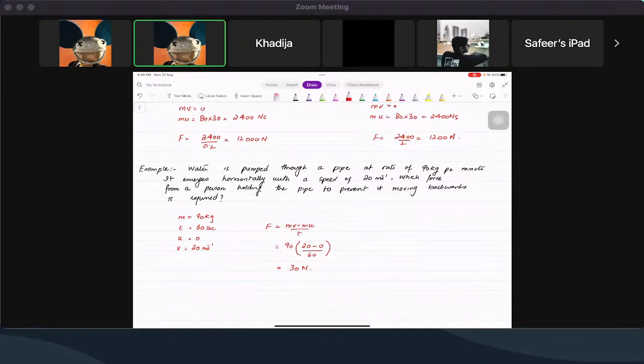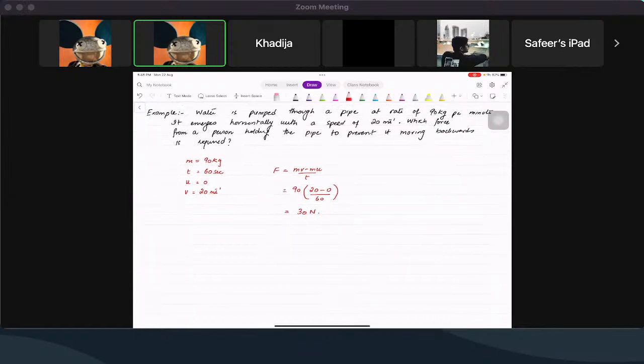Okay. The last thing I want to discuss with you is the graph of change in momentum versus time, and its conversion to force versus time. This is very important to learn.